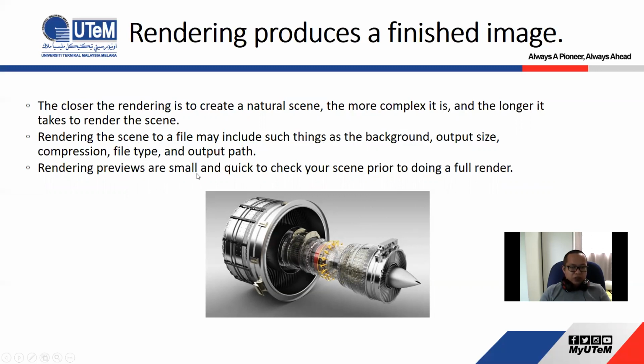Rendering previews are small and quick to check your skin prior to doing a full render. So the more complex our object, the more color, the more lighting, the more time it takes to make a rendering.